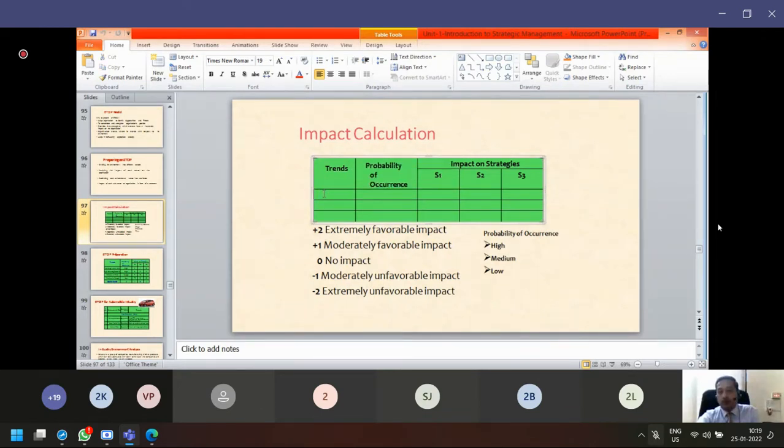For example, we relate it to social. So what is the probability of occurrence? Is it high, low, medium, and is it positive, negative? So it may be, for example, positive impact. So we may write here favorable, highly favorable, for example.